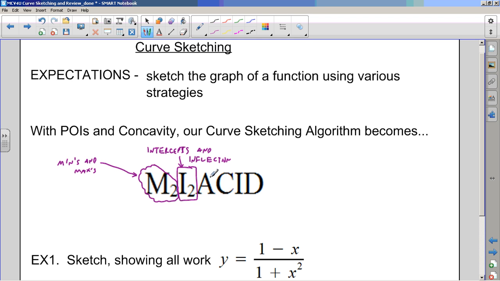A is asymptotes, and that's often several calculations. C is concavity.